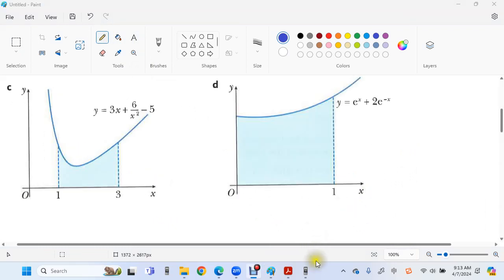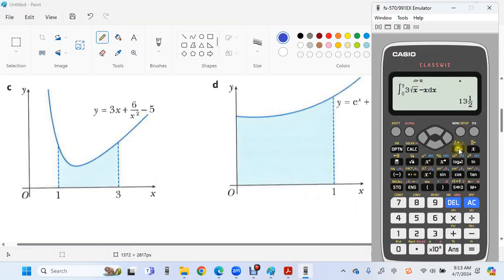Question C is integrate 3x plus 6 over x squared minus 5 from 1 until 3. So the answer is 6. Yes, correct.